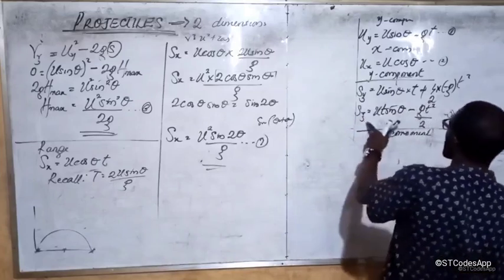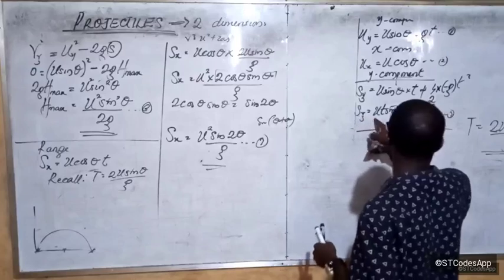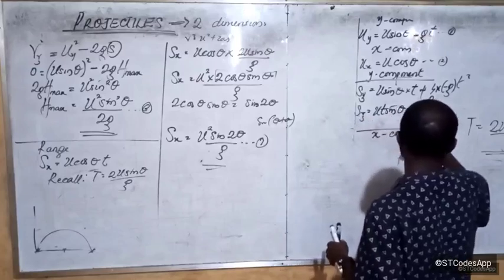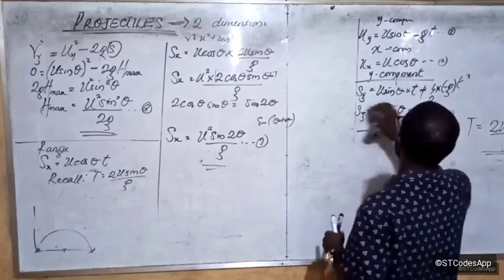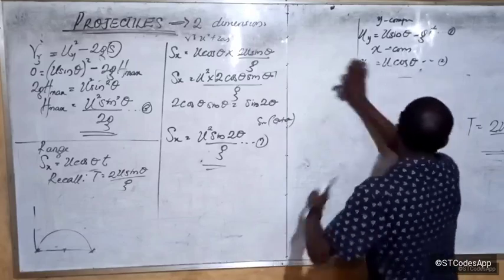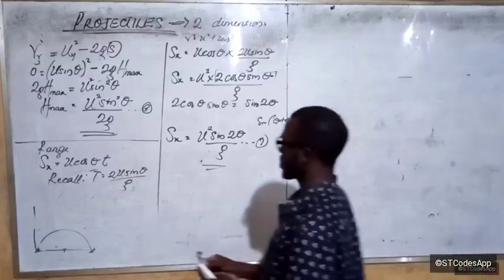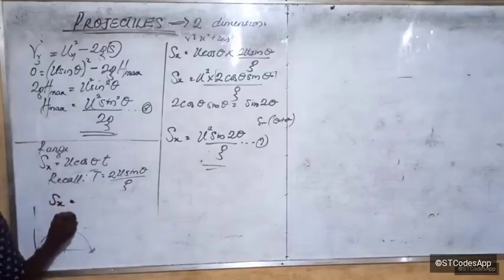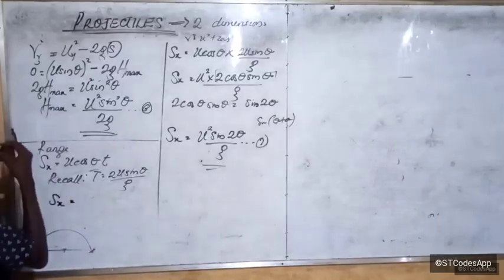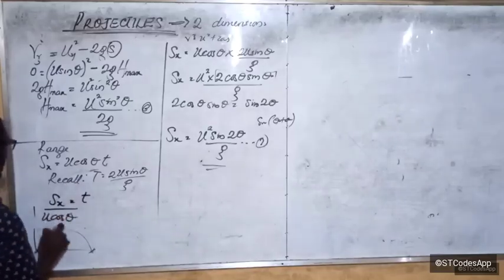So in fact, we are going to be using this equation, s sub y equal to ut sine theta minus gt squared over 2. We're going to be using this equation because it looks quadratic, in fact. So let's see what we are going to come up with. From here, we know that t will be equal to s sub x over u cos theta.